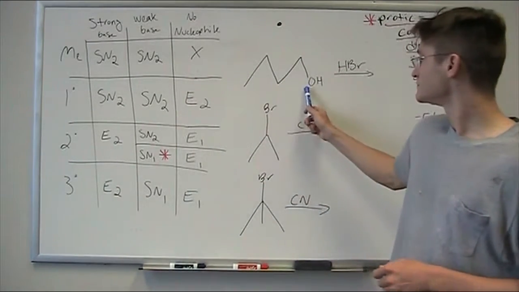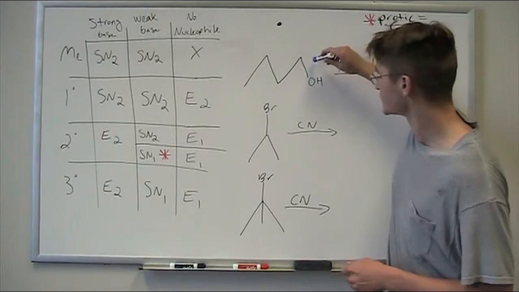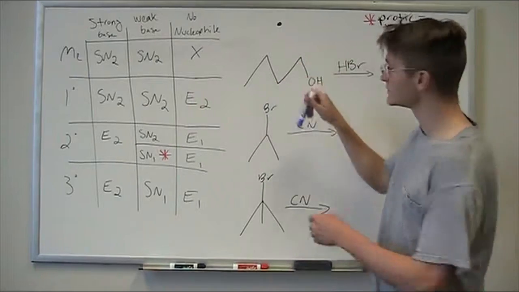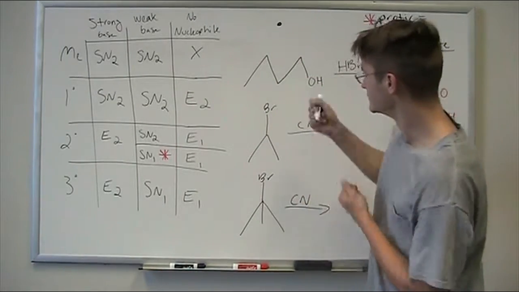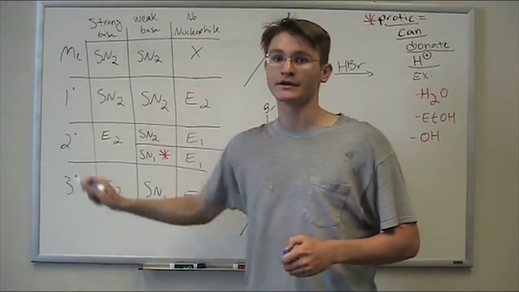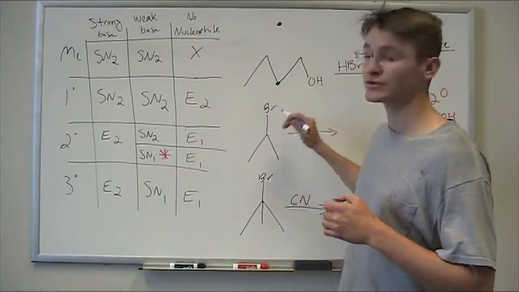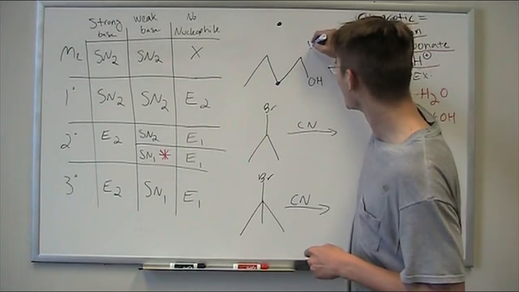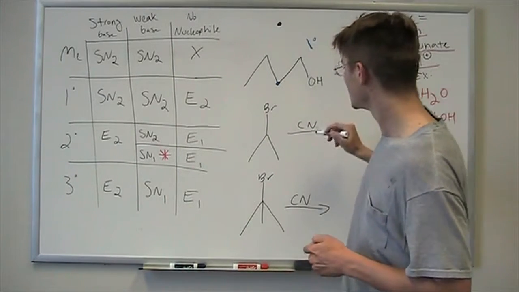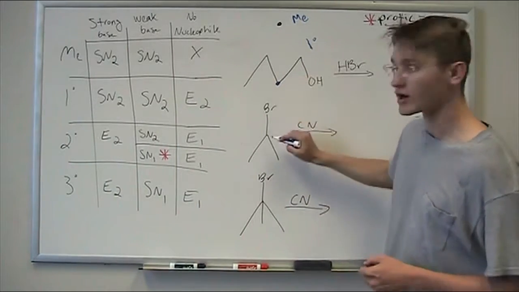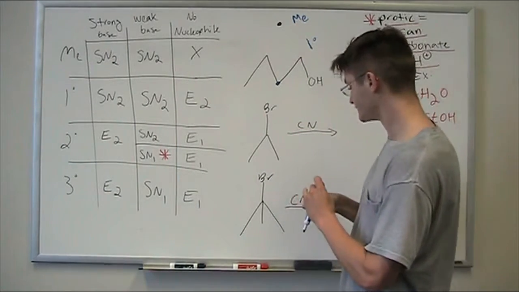This is a 1° because you look at the substituents. This is your first carbon here, and what is it connected to? It's only connected to 1 other carbon. Therefore, it's 1°. The carbon that has the substituent has only 1 carbon attached. This one right here, we look at the carbon that's attached to the substituent.